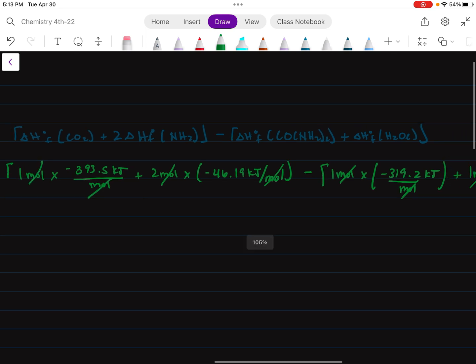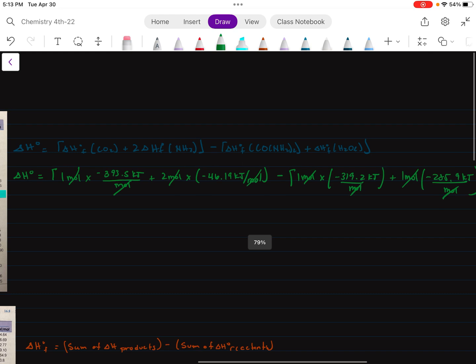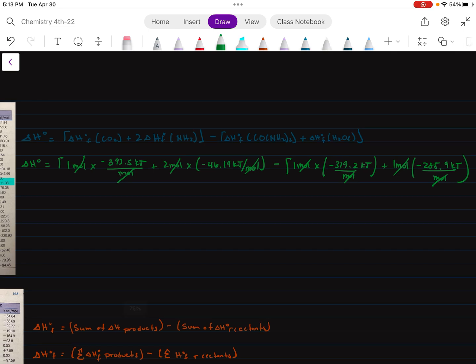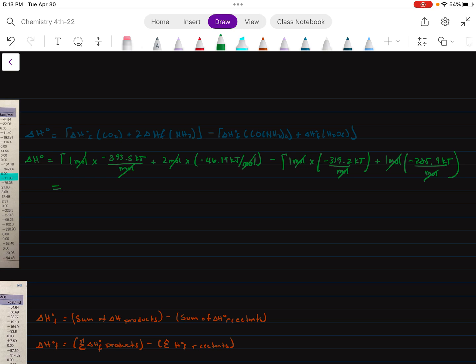So let's zoom out a little bit so we can see our equation. And there we are. Pause the video and make sure you have everything written down correctly. We're going to go ahead and simplify everything. If I simplify this, I'm going to end up with negative 485.9 kilojoules minus negative 605.1 kilojoules.